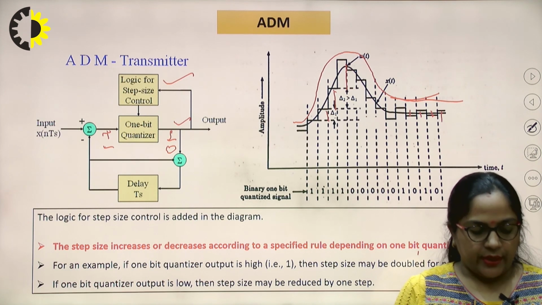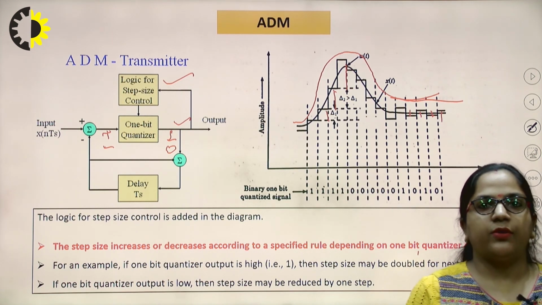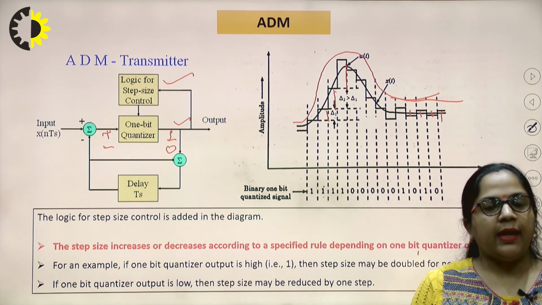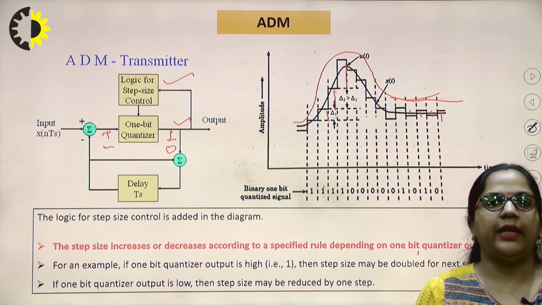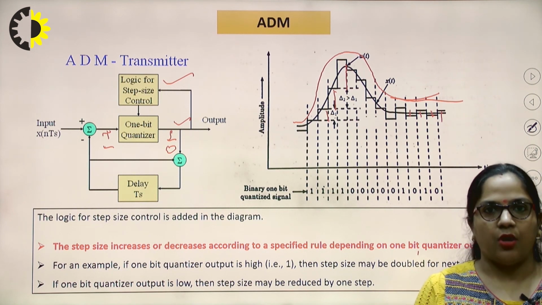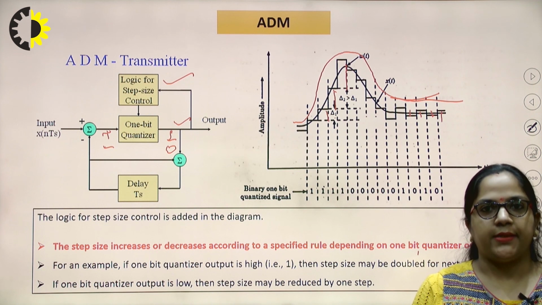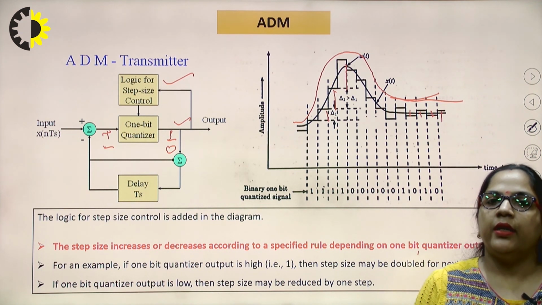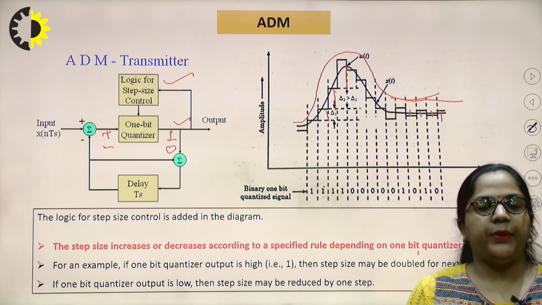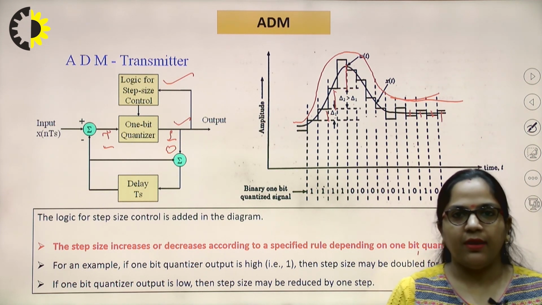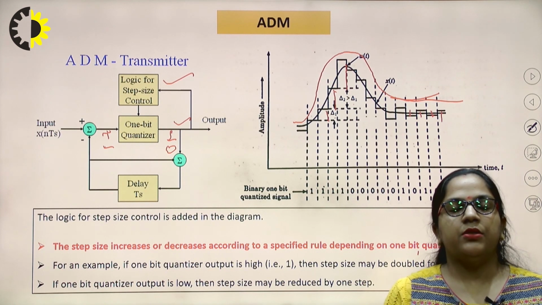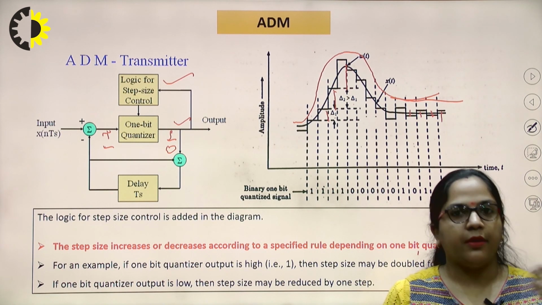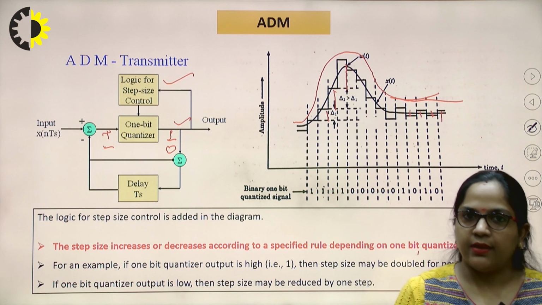So in today's video lecture we have discussed companding, that is the compression and expansion of the signal, an alternative to the non-uniform quantizer. Then we have discussed differential pulse code modulation, where we can reduce the number of bits required to represent each level. That will further help us to reduce the bandwidth requirement for the transmission of the signal.